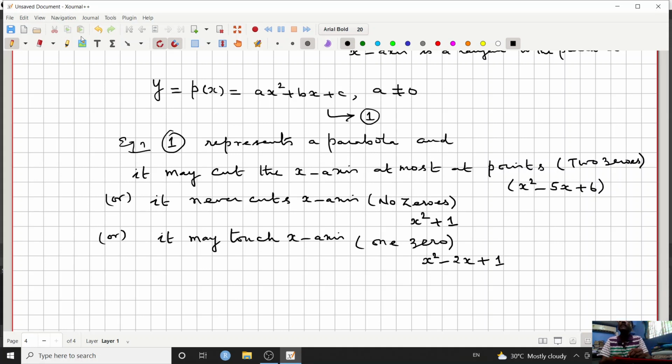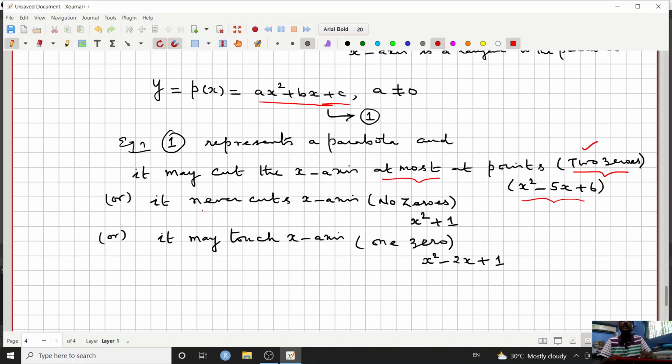So given a parabola, a quadratic equation of this form, it can cut the x-axis at most at 2 points. In that case, the given equation has 2 zeros, an example of which is shown in the first example.